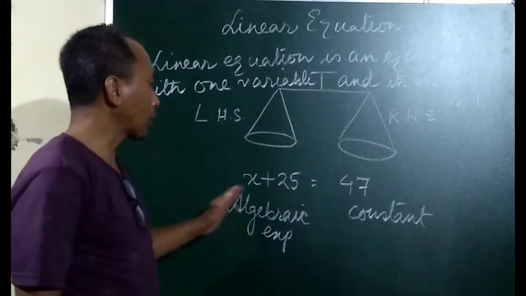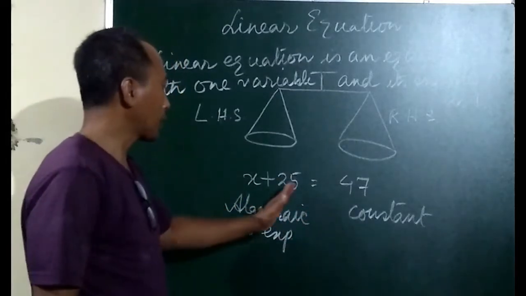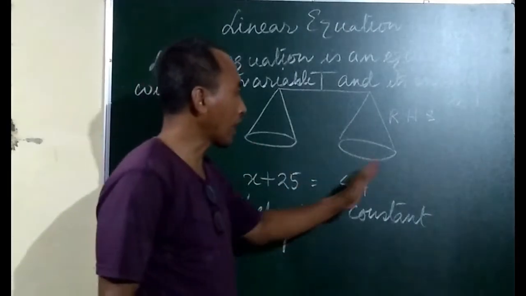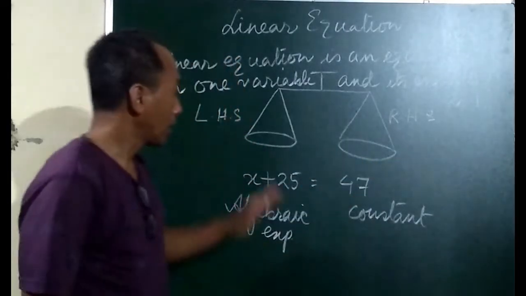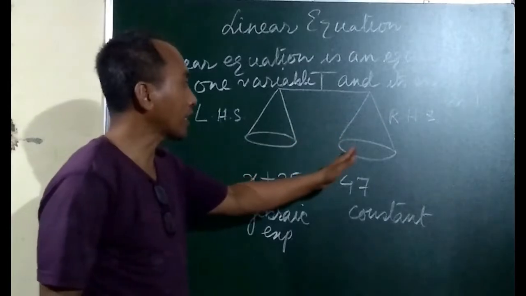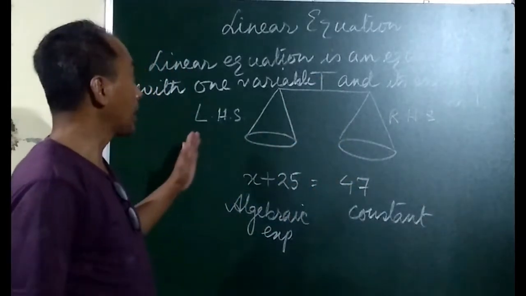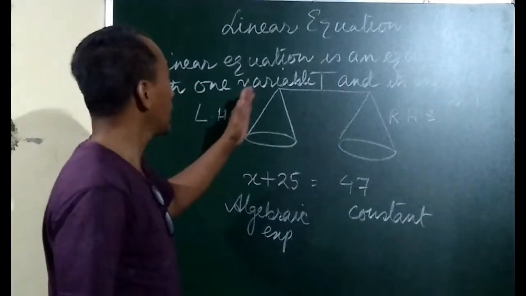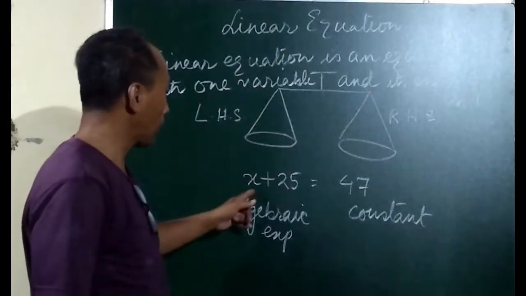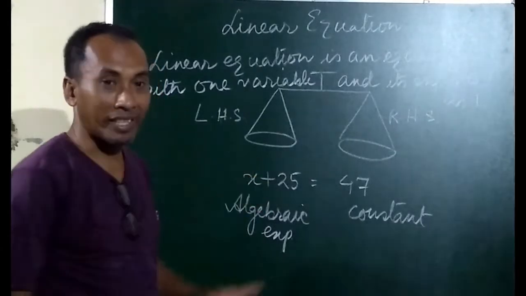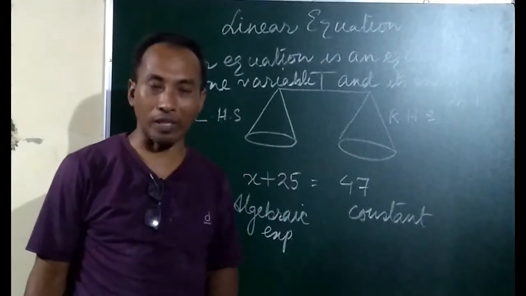The one on the left is called the left hand side, and the one on the right is called the right hand side. If the left hand side and the right hand side are equal, then it is called an equation. A linear equation is an equation with one variable, and the exponent is also 1.